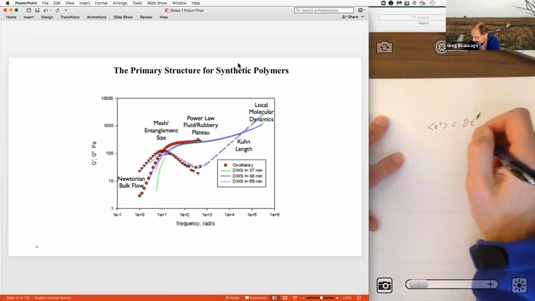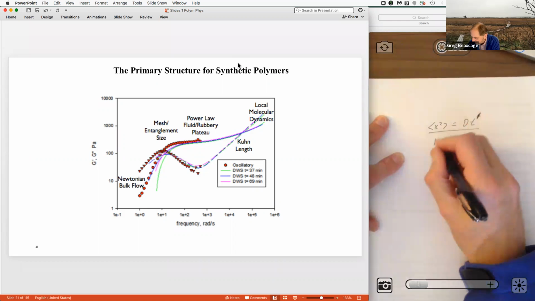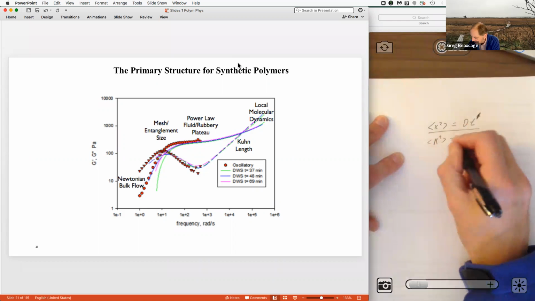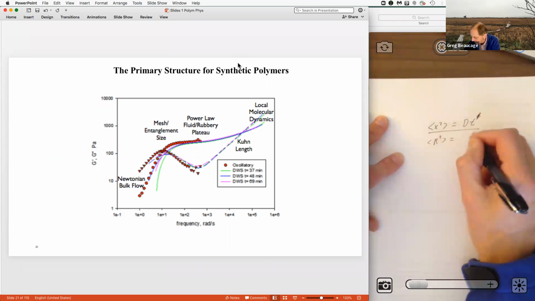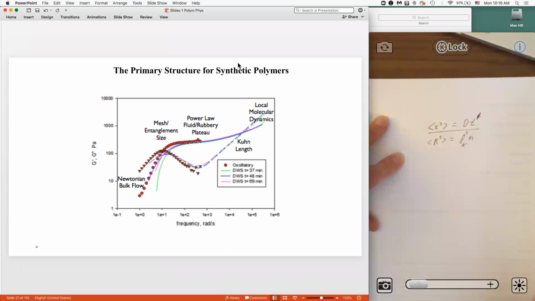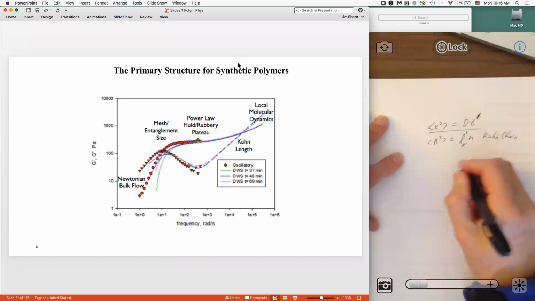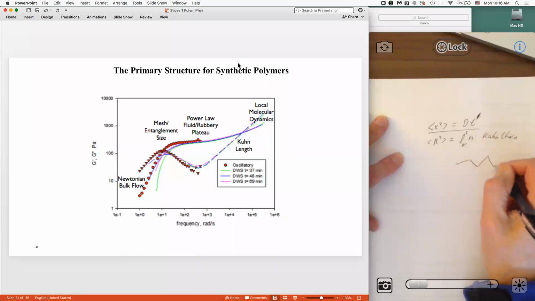This is similar to the random coil equation, where you replace time with the molecular weight and the diffusion coefficient with the Kuhn step squared. This is called a Kuhn chain, and it would be represented by this kind of stick figure structure.